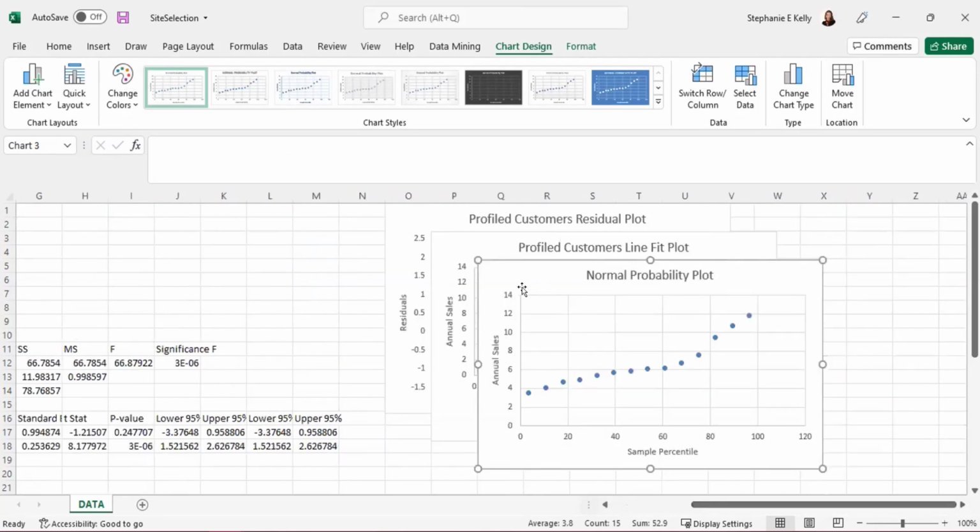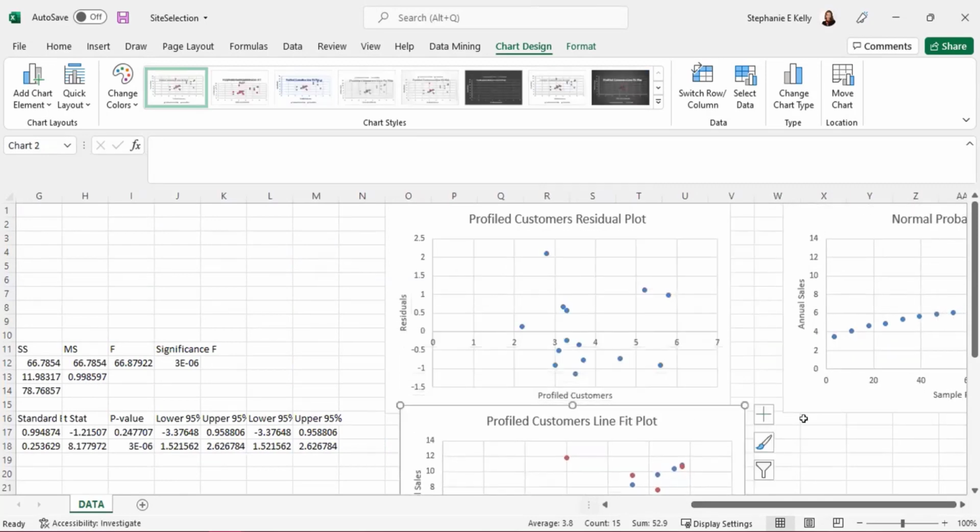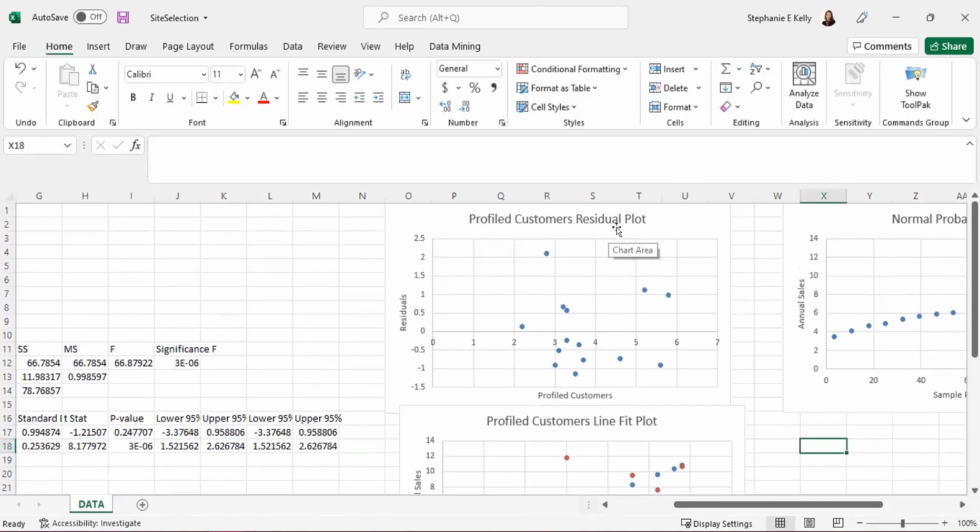Let's start by looking at our scatter plots. This scatter plot, profile customers residual plot, plots the residuals by the profile customers, which means our residuals by our independent data. Residuals are our error.